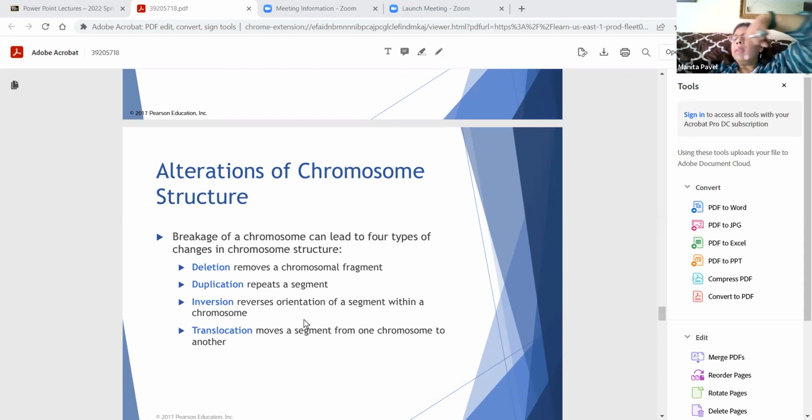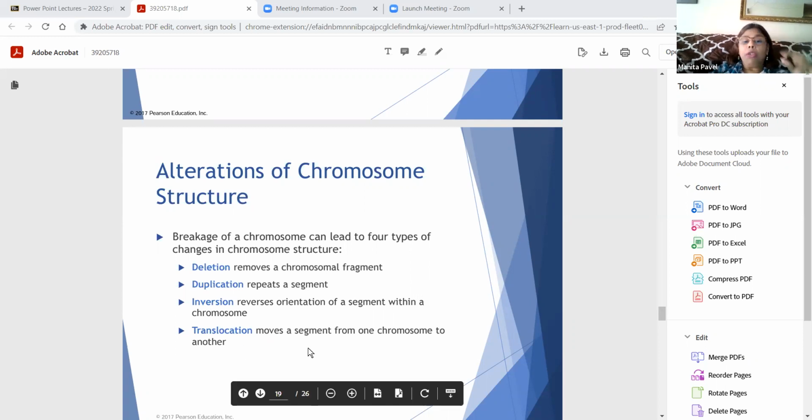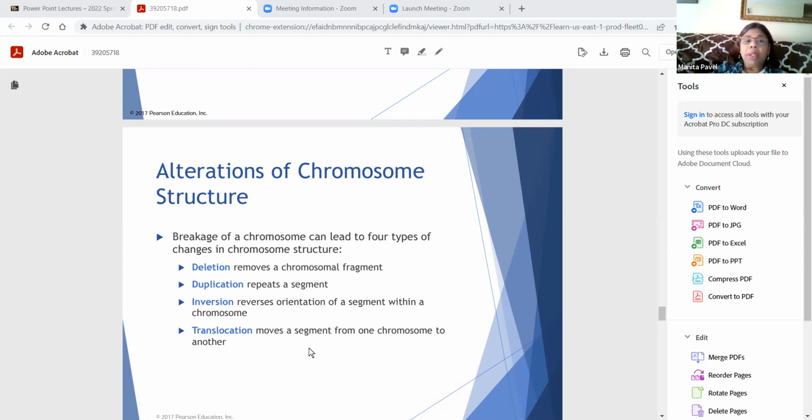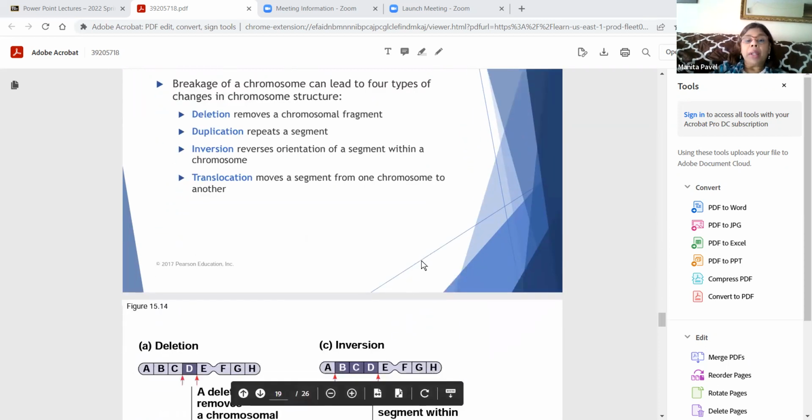What has happened is the genetic information that was here is reversed. And remember, genes specify our traits. So we're going to see how inversion is going to affect. Translocation is you're moving a segment from one chromosome to another chromosome. So these are all the alterations that occur.